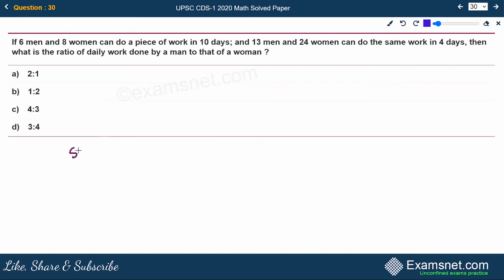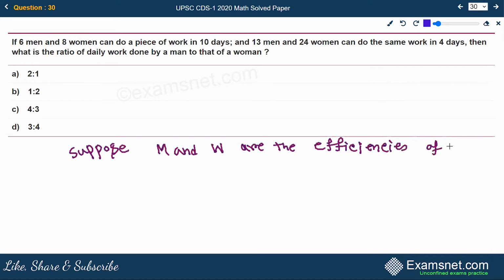So we can assume that M and W are the efficiencies of one man and one woman respectively.